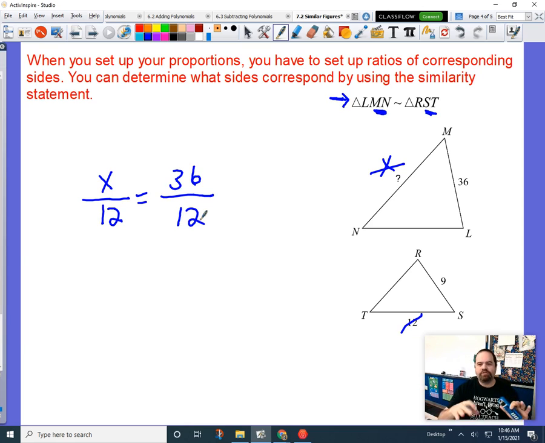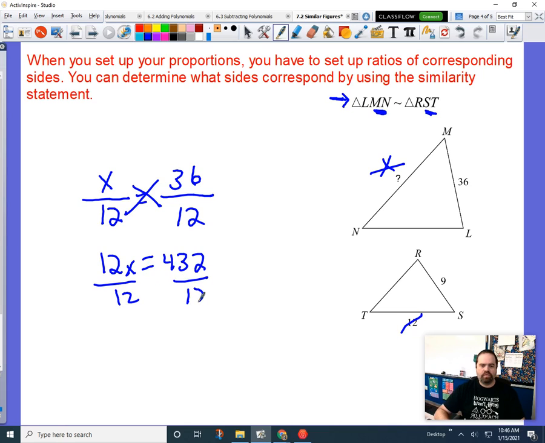If I give you all of the measurements, you're going to have to pay a little more attention to what's going on in the second ratio. So cross multiply here, 12x equals 12 times 36, 432. So when I divide, I'm going to get 36.